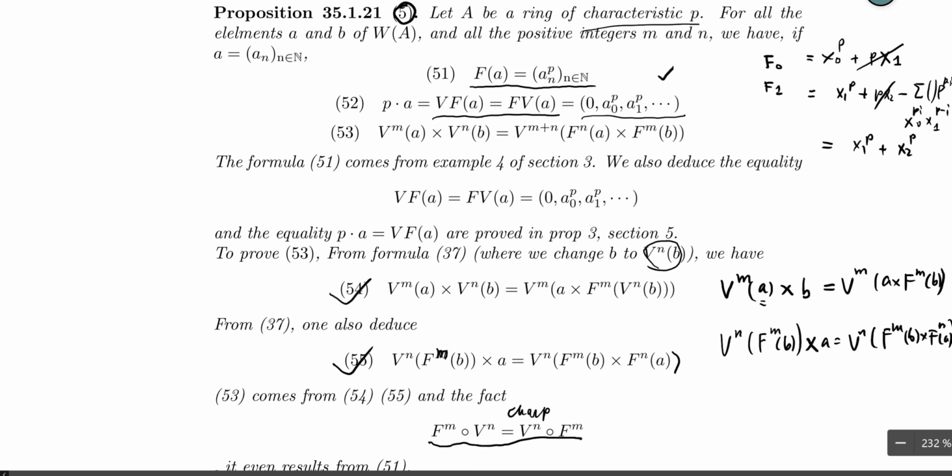This is what we want to compute. A product with Fm Vn B, A product with Vn Fm B, but they commute, so they are equal to each other. This equals Fm of this inside.